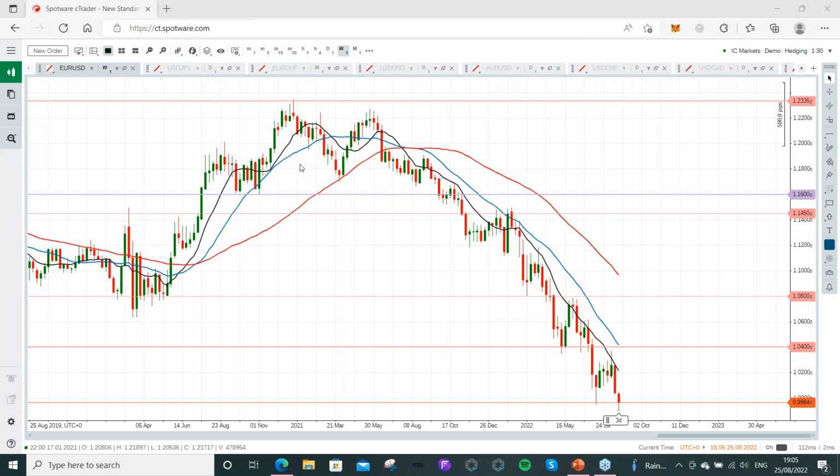It's not something that I use as a standalone thing, and therefore you can see that I do have some other things on my charts. I've got some horizontal levels that I've drawn in here, and I also have some moving averages. I've got the 10 moving average in black, 20 in blue, 50 in red. I do often use the 200 moving average as well, although that isn't on at the moment.